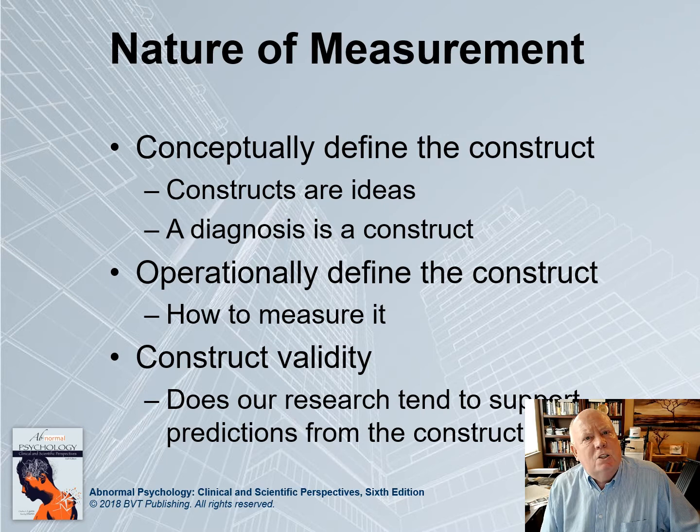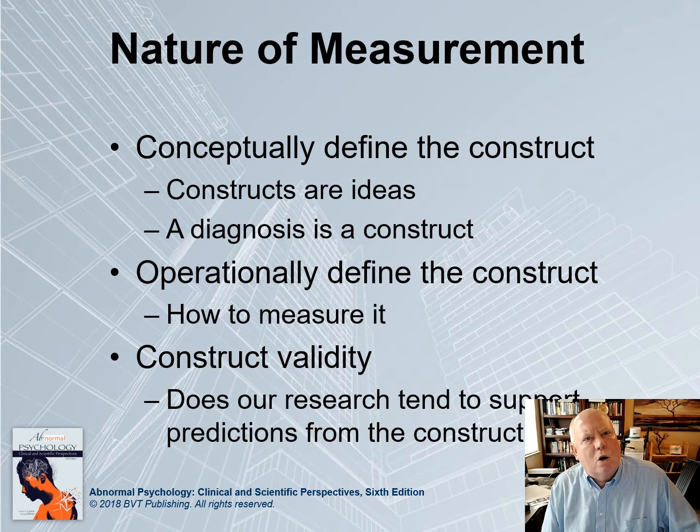Do they show a similar course over time? People with schizophrenia, for example, tend to have symptoms that last most of their life, although the severity may come and go. People with major depression tend to be very depressed, but much of the time they're not depressed. They have episodes that come and go with depression.